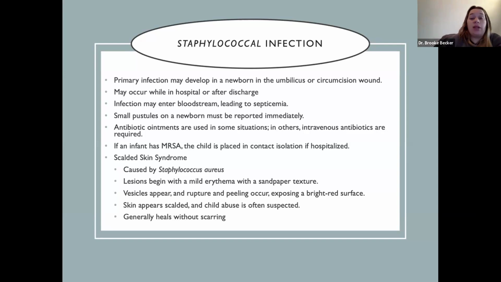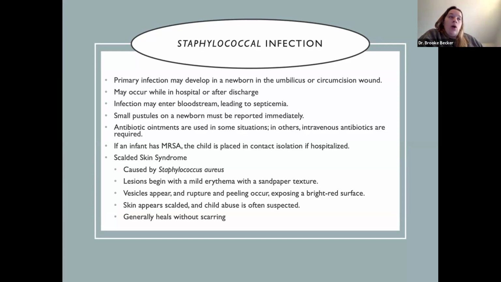Then you'll start to see those blisters, and as those blisters pop and rupture, you'll see peeling happening. And as you see that peeling occurring, that's when you're going to see a bright red surface. So those vesicles pop open and start peeling, and what's left over is a really bright red surface area where that vesicle was. So it looks as if that child has a burn and their skin got scalded.